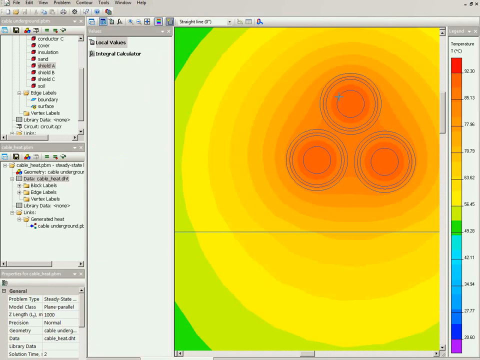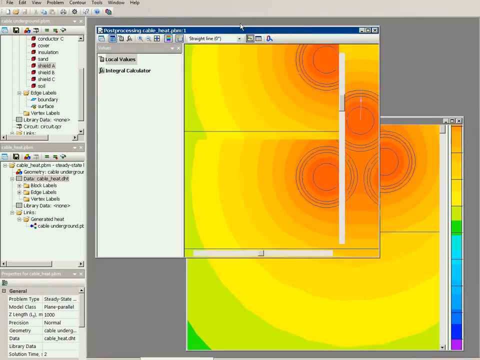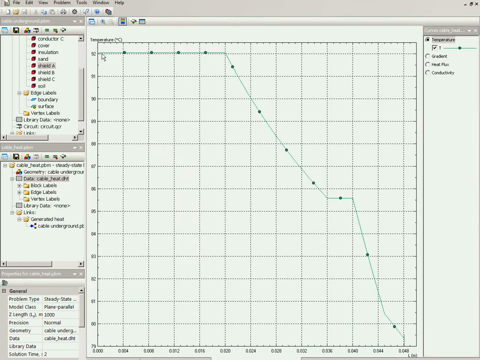We can again build the contour like this one and take a look at the temperature distribution from the cable center to the cable surface. Here is the central conductor at the temperature of 92 degrees. This is the temperature drop in the insulation. This is the aluminum shield, and this is the temperature drop in the cover insulation.